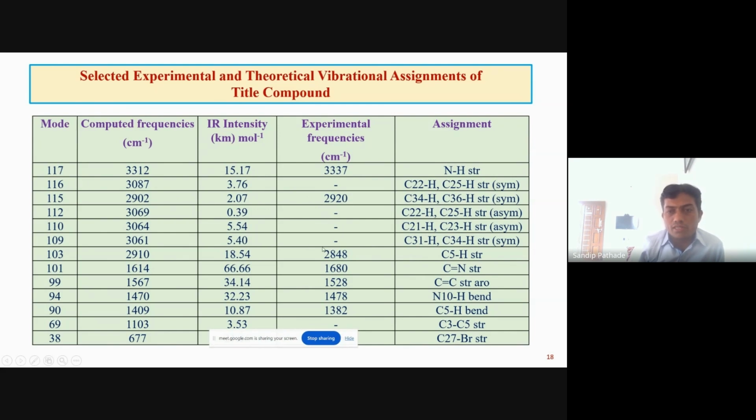Also, the carbon double bond nitrogen stretching frequency in the experimental IR arises at 1680 centimeter inverse, while the computed value is observed at 1614 centimeter inverse. Therefore, from all this investigation, it clearly shows that all the experimental frequencies match well with the computed frequencies.